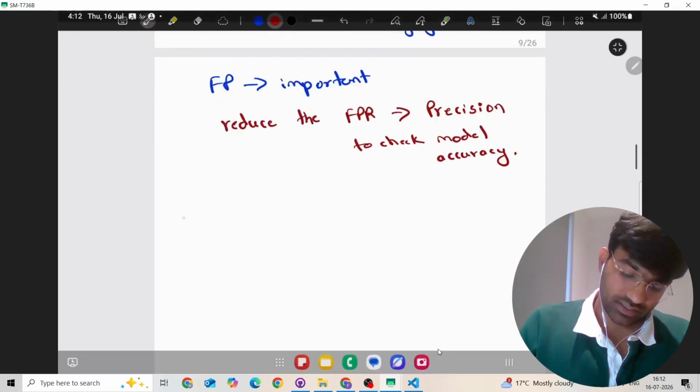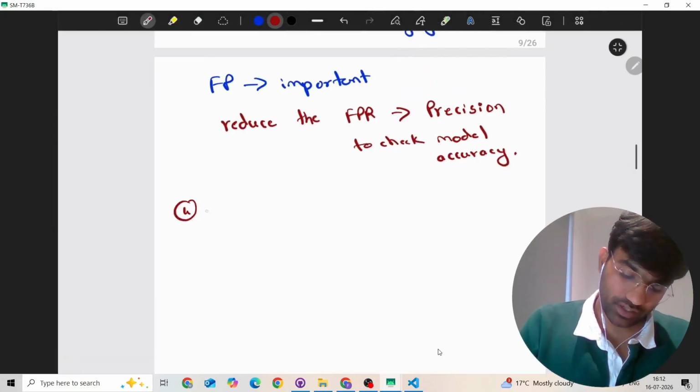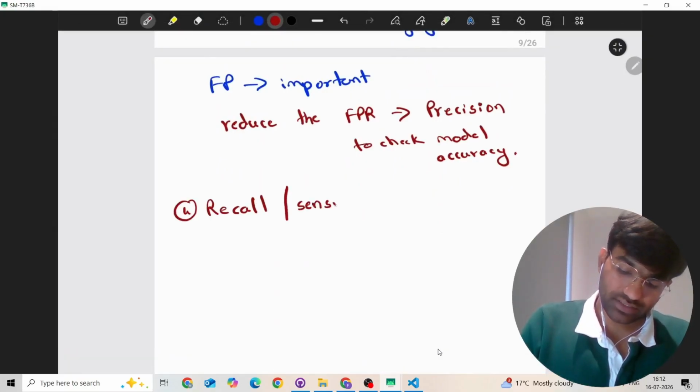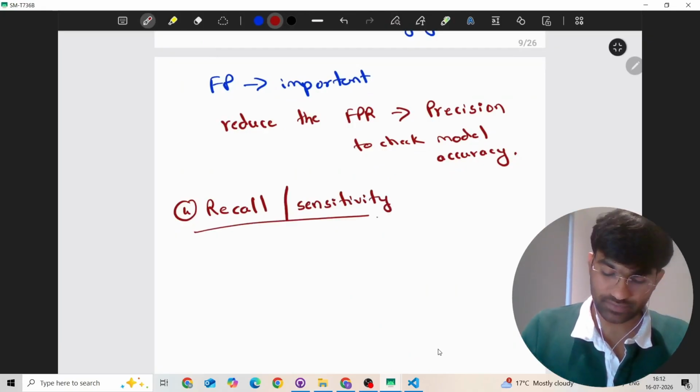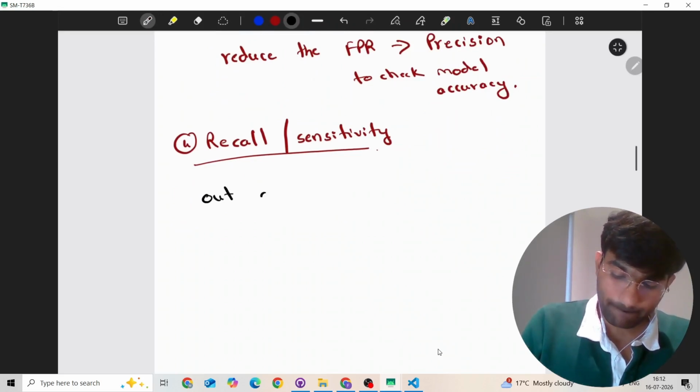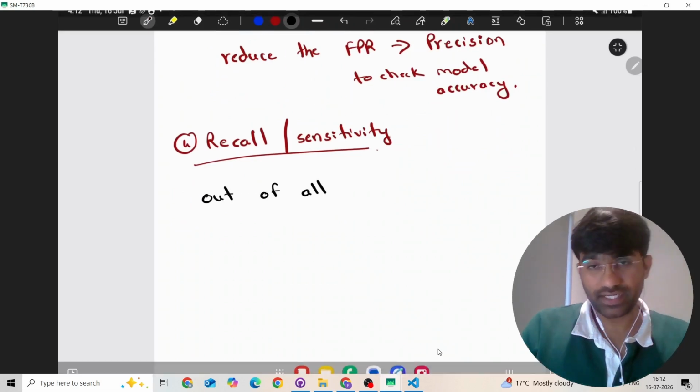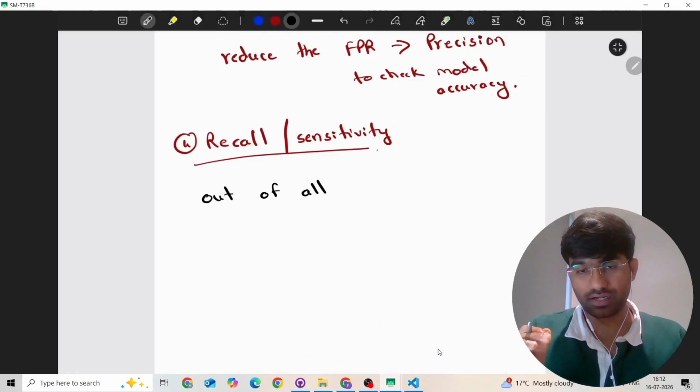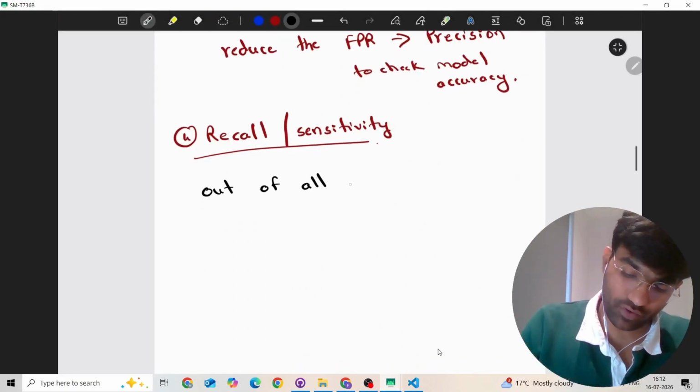Next is recall. It is also known as sensitivity. Let's check this. What is recall? Out of all actual positive values, how many are correctly predicted?